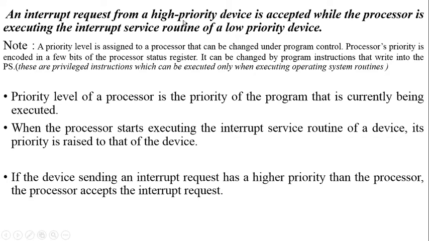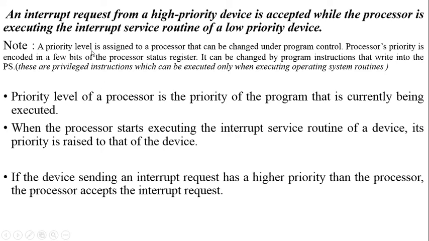The request from a high priority device must get serviced first. So in that case, the processor wants to suspend the execution of an interrupt service routine from a low priority device in order to service the request from a high priority device. Okay, so this is a priority based mechanism.